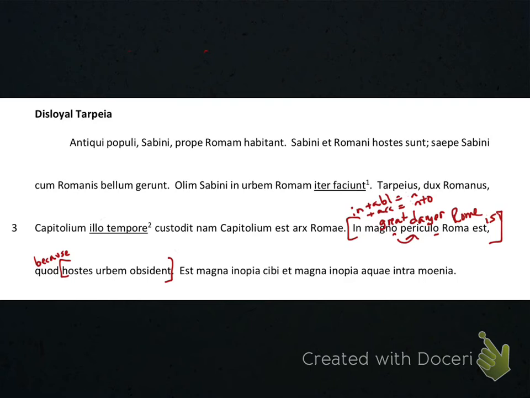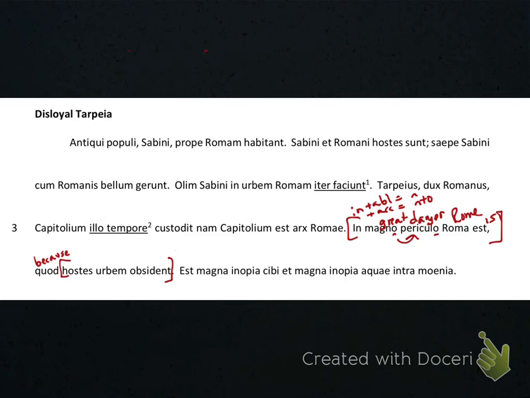Because I see plus ablative and plus accusative after the word in on my vocabulary list, I know it's a preposition, and it has to be followed by an ablative or an accusative case noun. Magno periculo, when I look at the ablative line on the chart, does end with an ablative case. But I see this a on Roma, which is also an ablative ending.